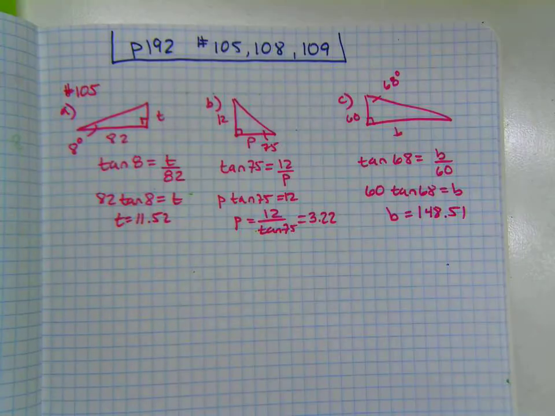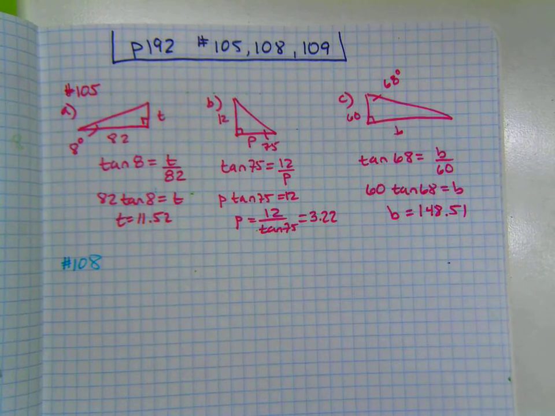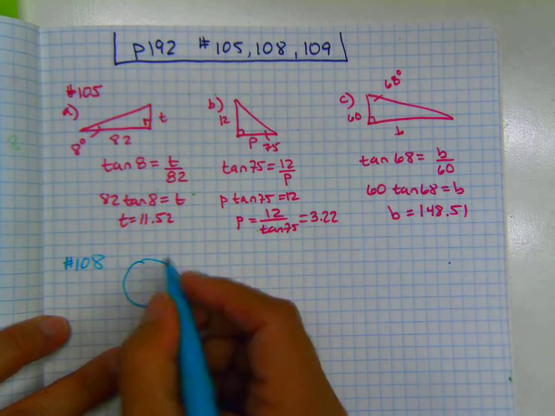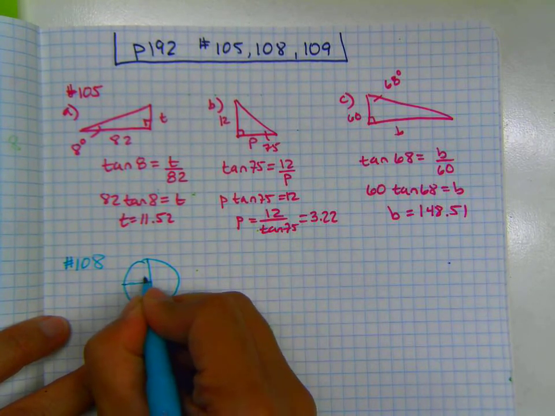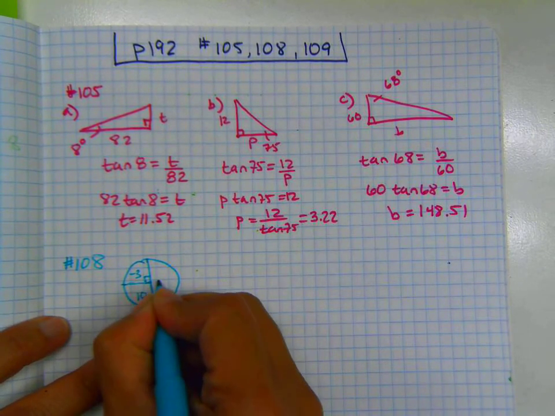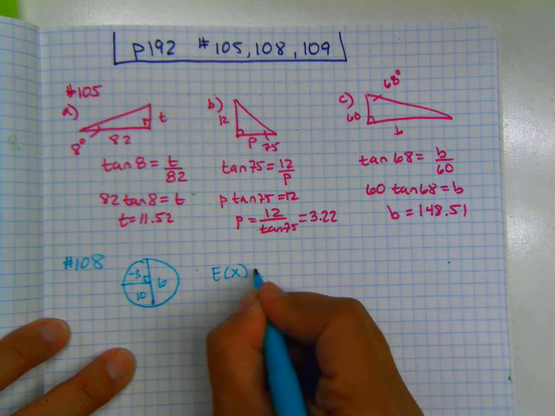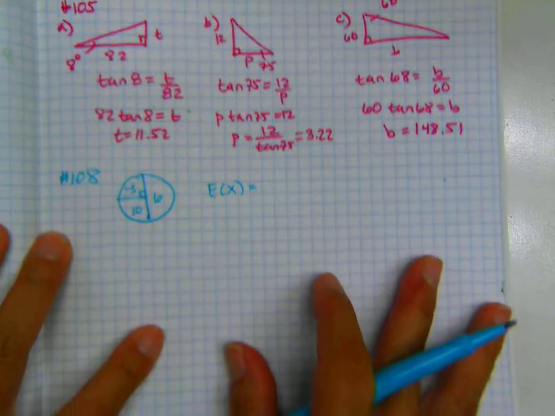All right, number 108. We're looking at an expected value problem. So we have a spinner. They made that spinner crooked. I'm going to fix it and just make it not crooked. So we have -3, 10, and 6. So remember, expected value is found by taking the probability times the value that's shown there.